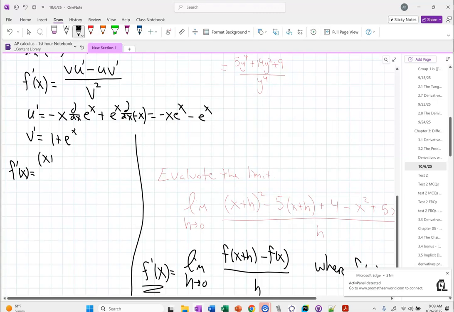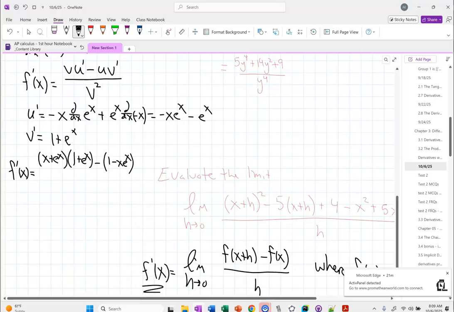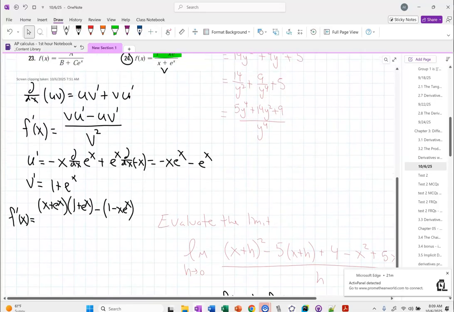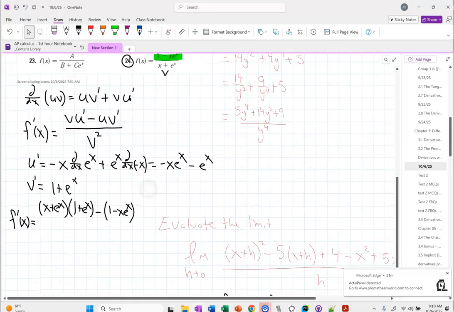We have x plus e to the x times 1 plus e to the x minus 1 minus x e to the x times... I didn't put that anywhere. Where was that supposed to go?